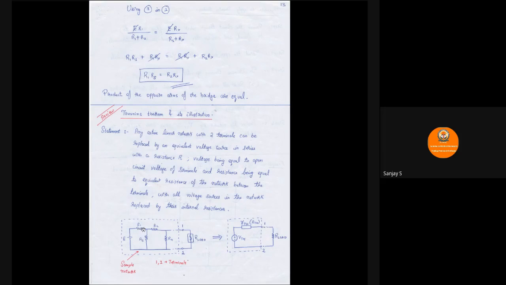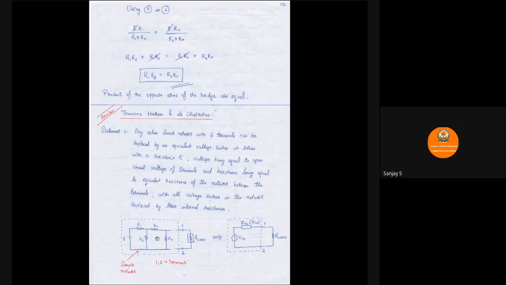If the actual circuit has R1, R2, R3, R4, the circuit tends to be a bit complicated. Since the circuit is complicated, you'll have to use node analysis or mesh analysis, and this is a simple circuit.